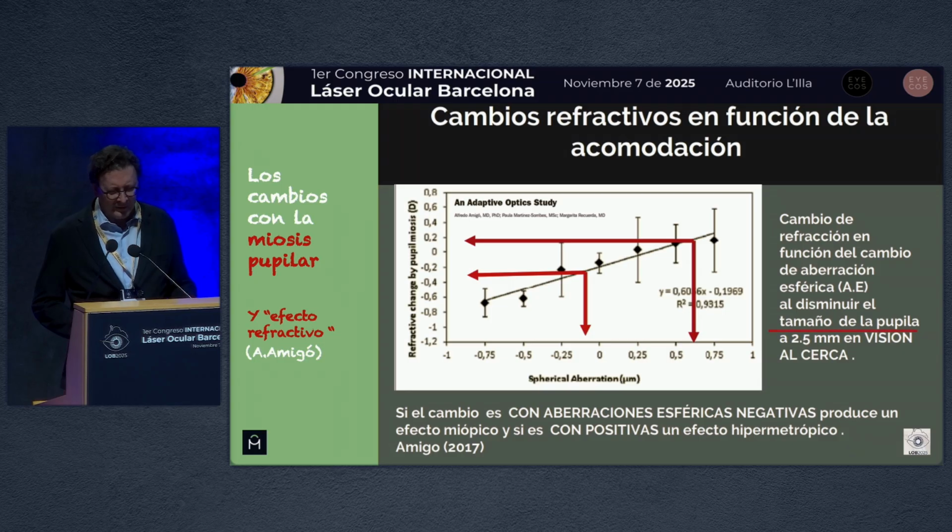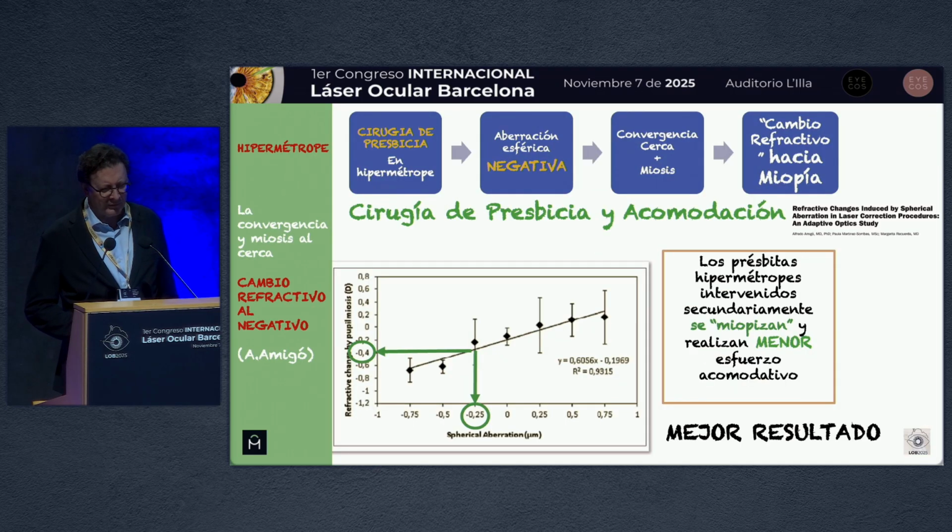We also know that when we diminish the pupil size, then the spherical aberrations that are negative create a myopic effect, and vice versa. And we need to understand that in a hyperopic patient with a presbyopia operation, there is negative spherical aberration, then we have the miosis, the close convergence, and the refractive change toward myopia.